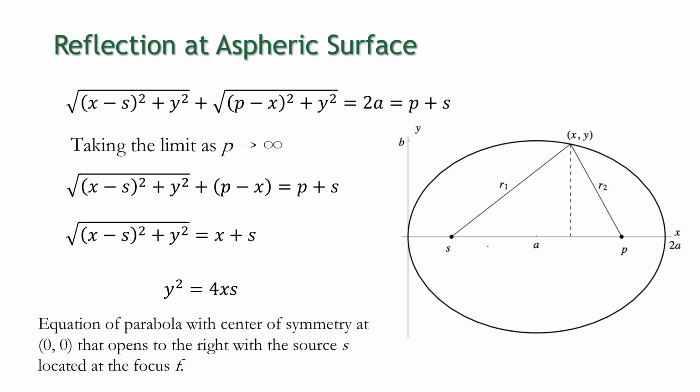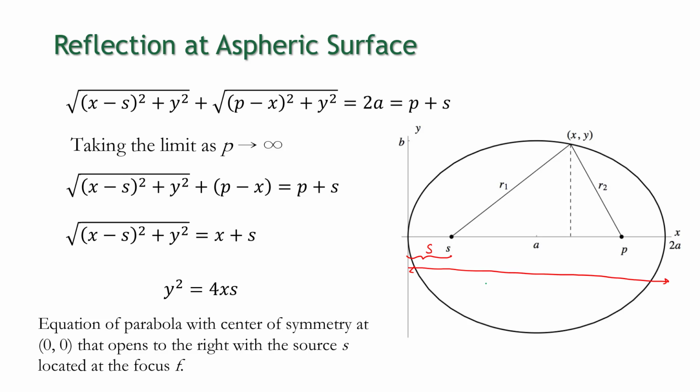So 2a is from here to here, which is this distance, s plus p.